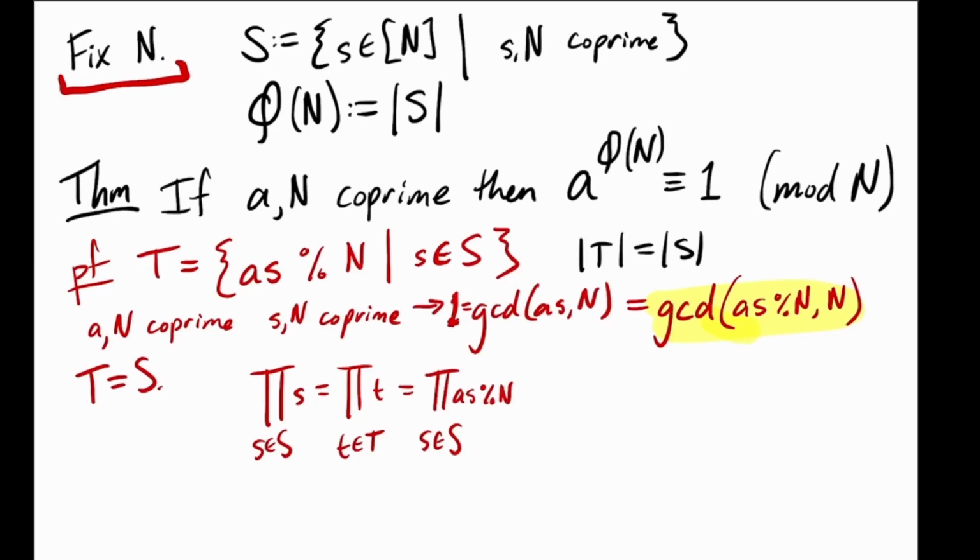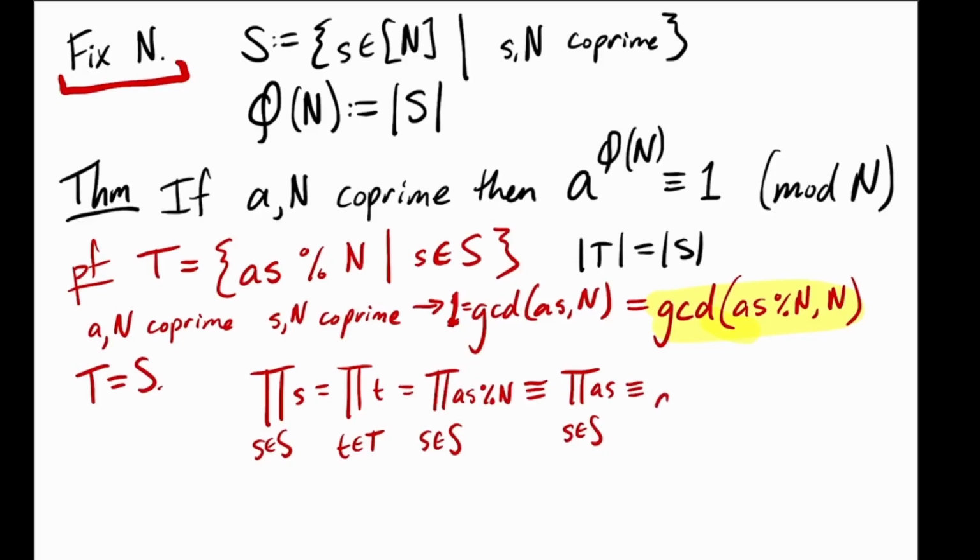So this product right here will be congruent mod n to just the product of A times S.